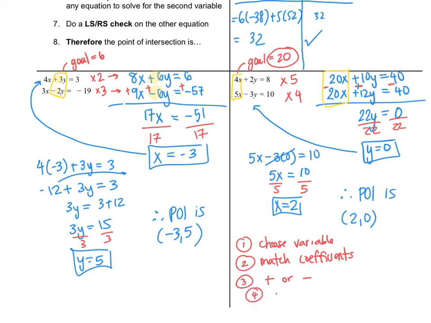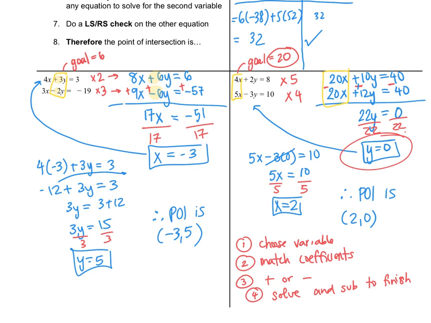Step 4, solve. And sub to finish. Because once you get to this step here of getting your first variable, it gets very repetitive. But that's it for elimination.